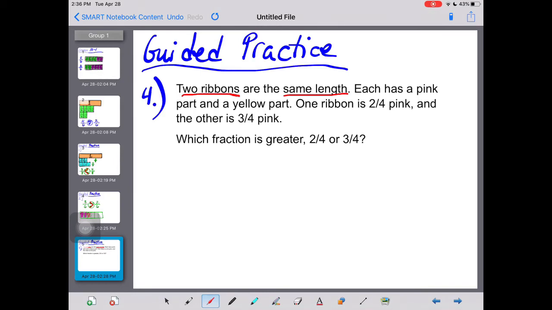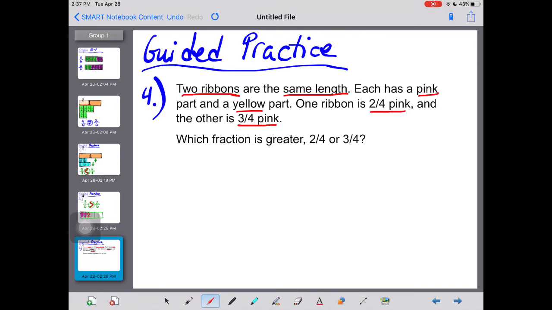We know that each ribbon is the same length. That's super important. What else do we know? Well, each one has a pink part and a yellow part. Okay. One ribbon is 2/4 pink, and the other is 3/4 pink.